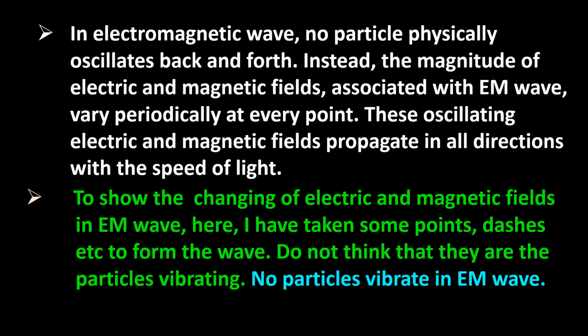This is very important. To show a wave, I have taken some points or dashes. Just because I have taken some points and dashes to form a wave, don't imagine that they are particles vibrating in an electromagnetic wave. This is very, very important.